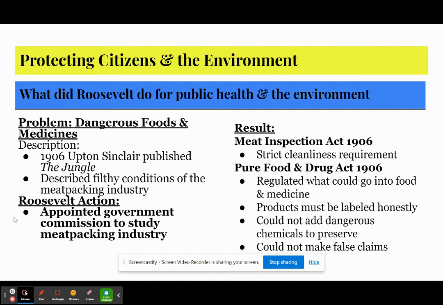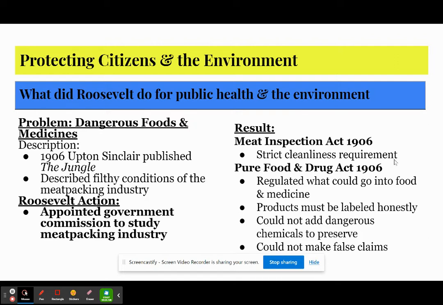So after Roosevelt read this, and it had received quite a stir, this muckraker publishing this book, he appointed a government commission to study the meatpacking industry. And the result was the Meat Inspection Act of 1906, which calls for strict cleanliness requirements of meat facilities.